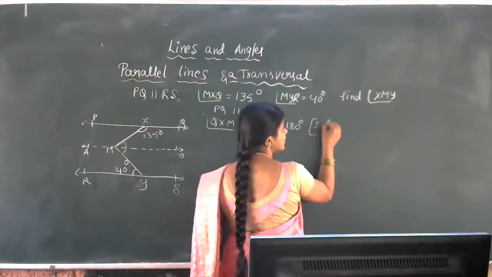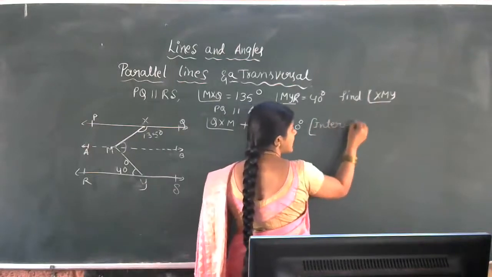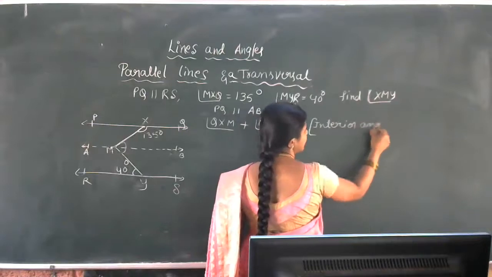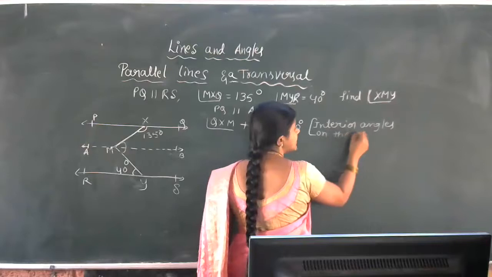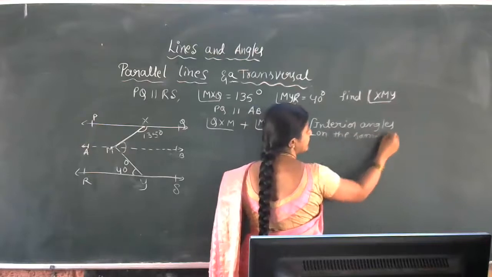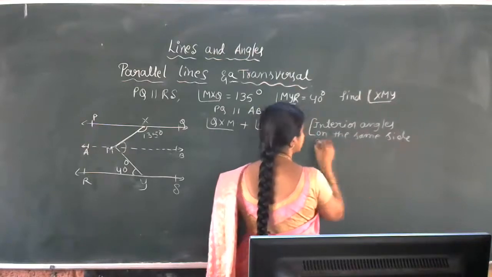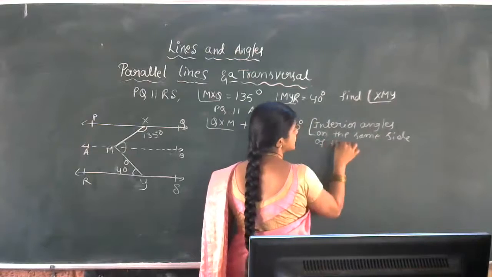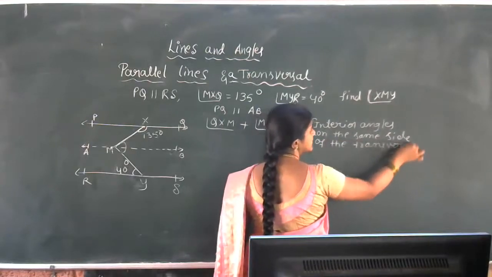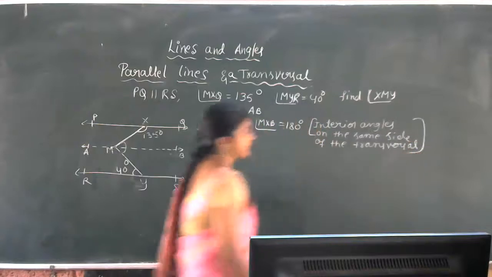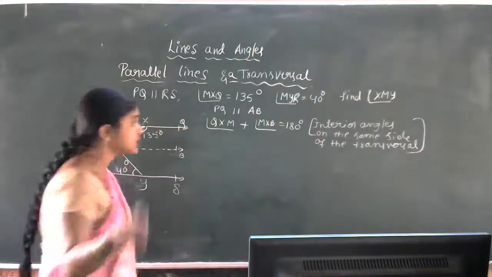Interior angles on the same side of the transversal. You have to write the reason properly. You all know that interior angles on the same side of the transversal add up to 180 degrees.